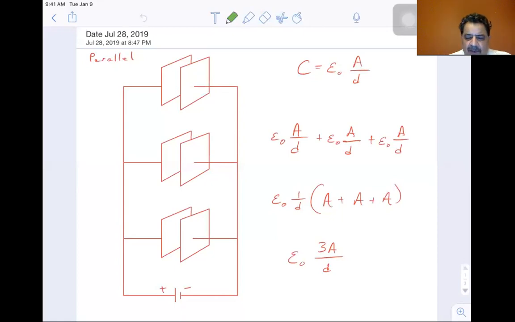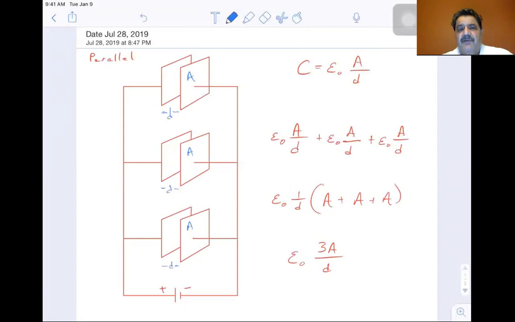Well, if you look here, this distance here is D, and this distance here is D, and this distance here is D. So it's all the same distance, but notice that you're adding area. This is area 1, area 2, area 3. They're all the same area, so I'm just going to call them A.